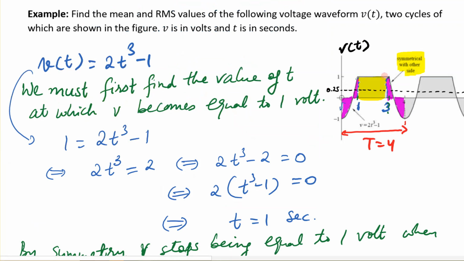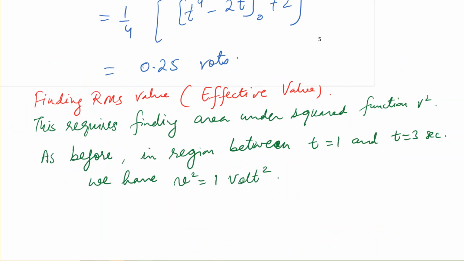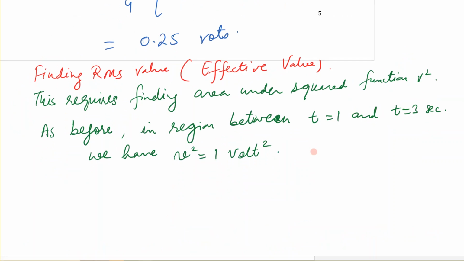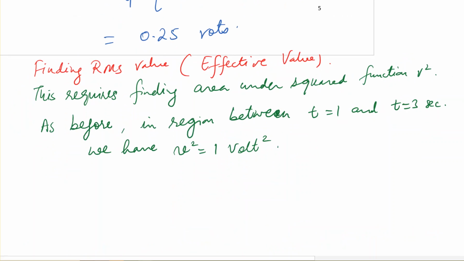Now we think about v squared. So in the region between 1 to 3, if you just square 1 volt, that will again be 1. So between t equals 1 and t equals 3 seconds, we have v squared equal to 1 volt squared. And also the parts between 0 to 1 and 3 to 4 are symmetric, so they should have the same area and we need to compute only one of them.